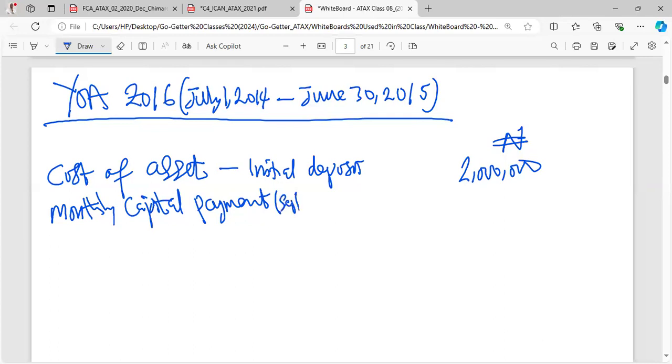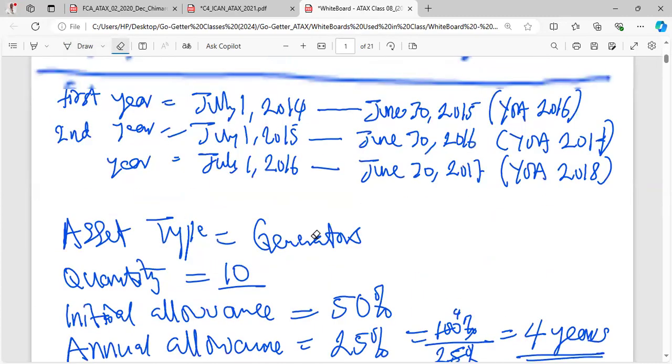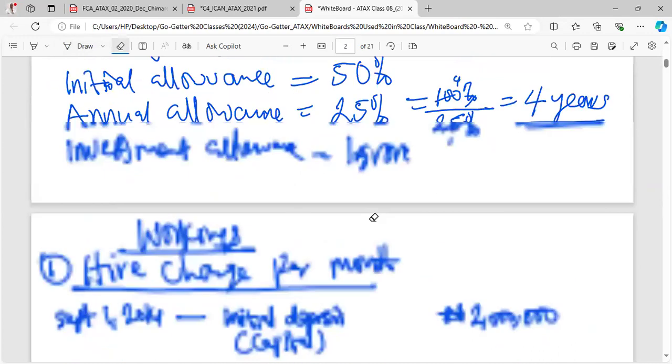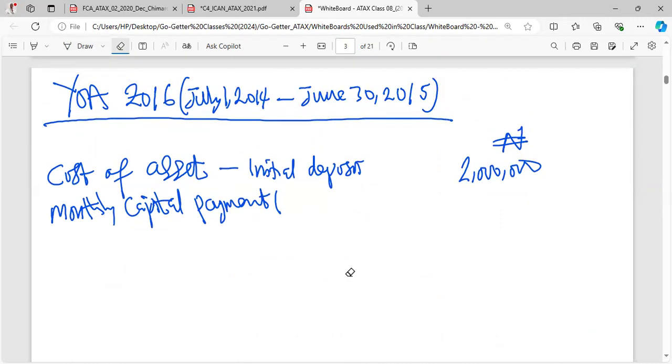From September 1. Okay, so it's not from September 1 again. Your monthly payment began from when? November 2014. So your payment began from November 2014.